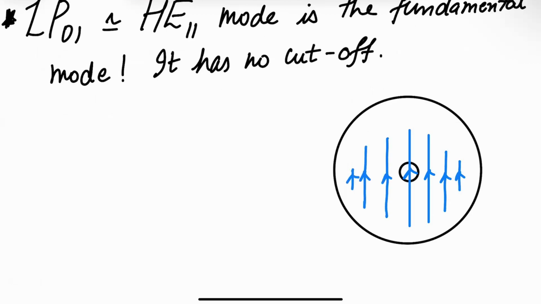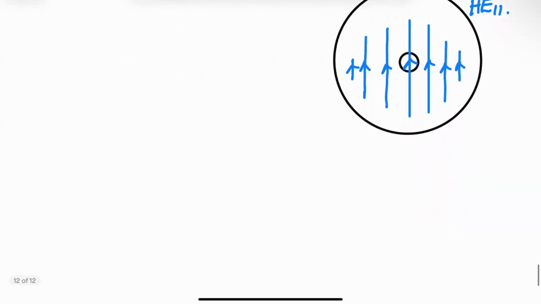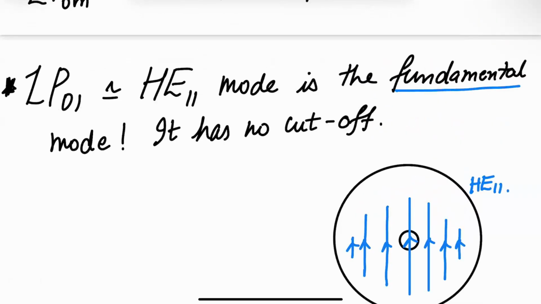So it's almost like a plane wave propagating inside, and we know it should be something like that because it is, in fact, almost homogeneous. This is your HE11 mode. So that's the fundamental mode.